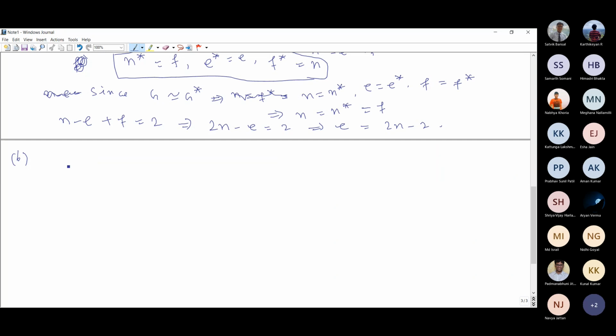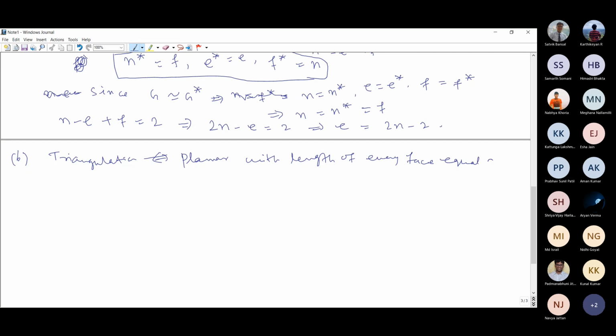So triangulation means that it is planar with the length of every face equal to 3.